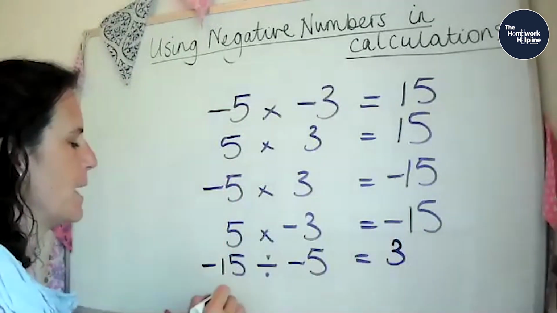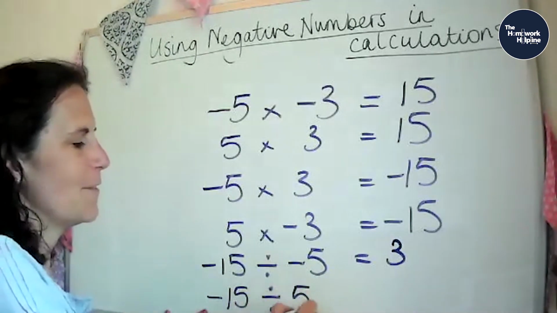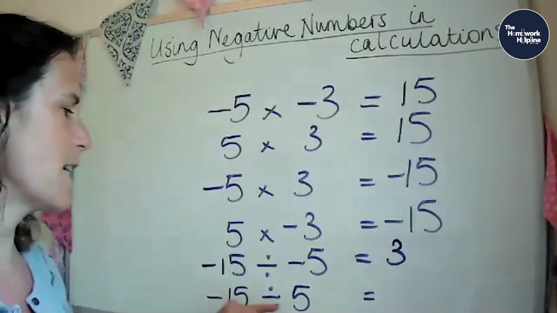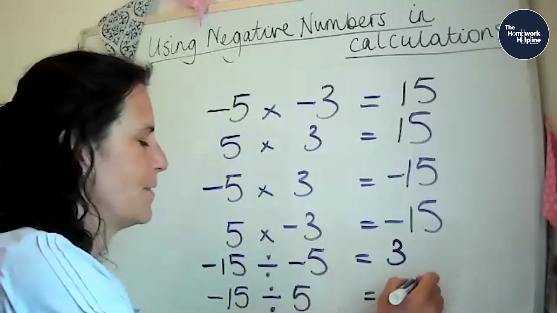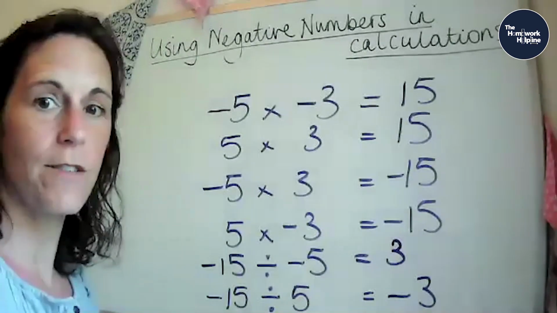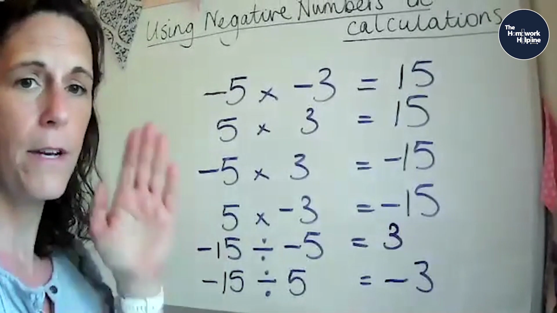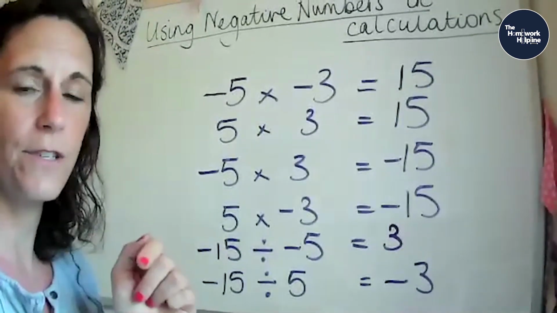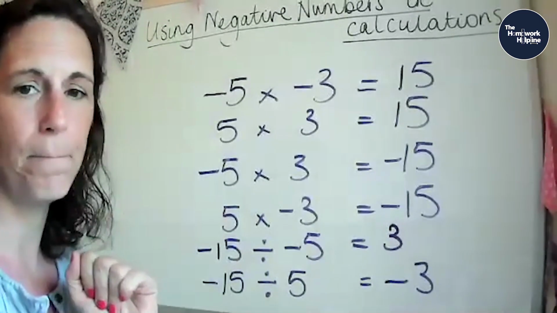And if you have minus 15 divided by 5, I think that's the one I did on the last board, because their signs are different, you end up with a negative number, minus 3. Okay, so that works with whichever numbers you're doing. If the signs are the same, then you end up with a positive, even if they're two negatives. And if the signs are different, then it turns into a negative.